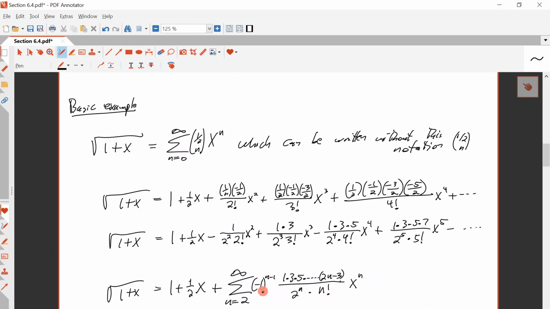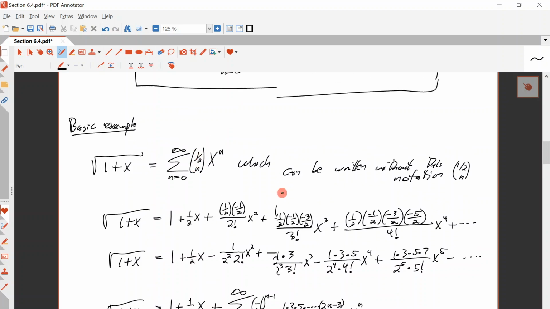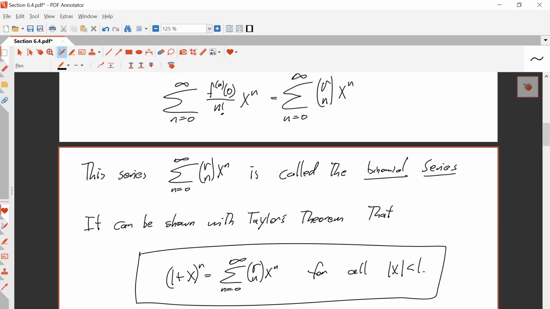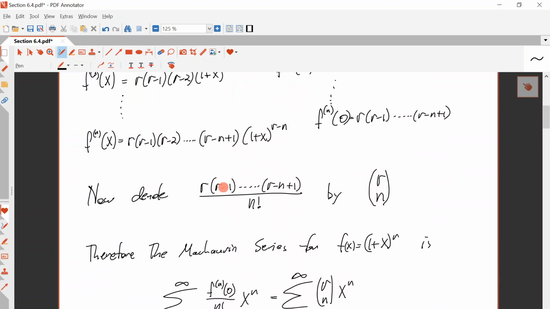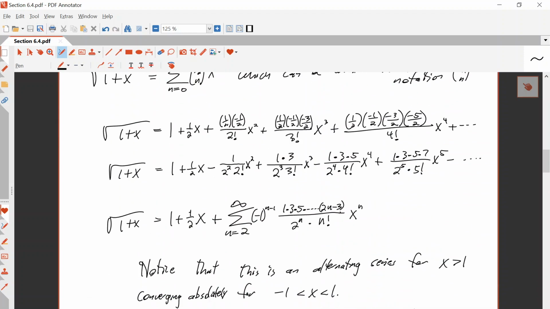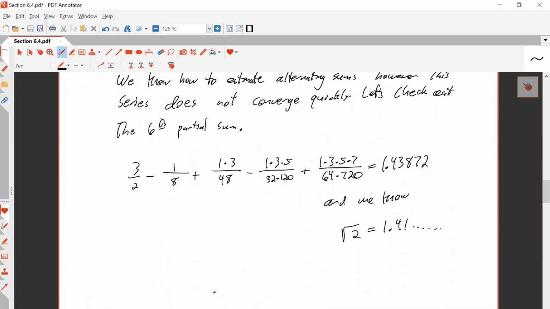Whatever this number r is, when you keep subtracting, r minus 1, r minus 2, r minus 3, all the way down to r minus n plus 1, eventually it becomes negative. And so it's a product of negative numbers. So eventually it does turn into an alternating series for positive values of x.